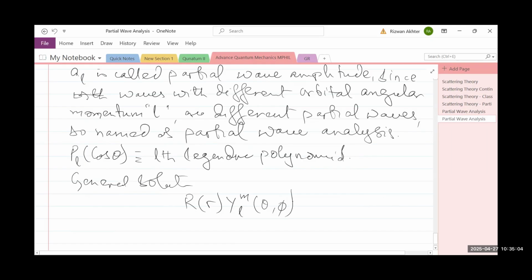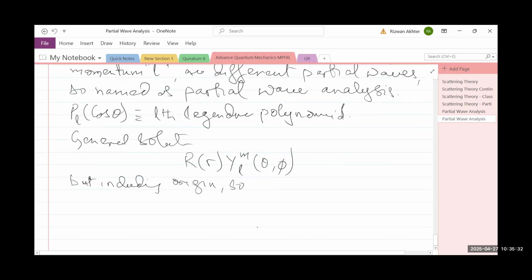So यहाँ पर independent of azimuthal angle, so phi is equal to zero, m is equal to zero, and we have to include for the R L the spherical Bessel function, including origin. Including origin का मतलब that is the start of the scattering process. So we have R of r, which is approximately equal to J sub L of k r.